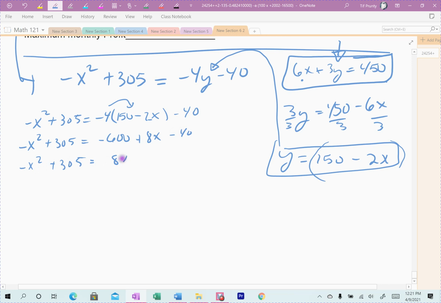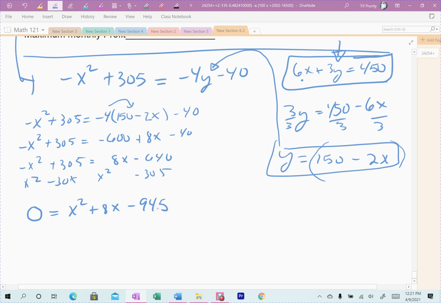So I've got 8x minus 640. And then I'm going to move these over here. So I'm going to add my x squared and subtract my 305, and set it equal to 0. On this side I'm left with 0 and on the other, x squared plus 8x minus 945.